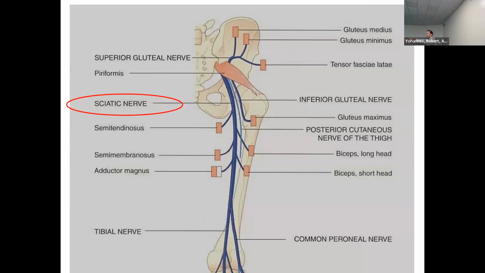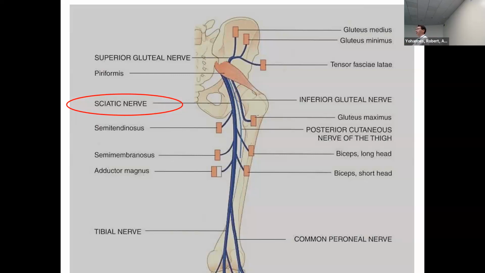The semimembranosus and semitendinosus are the major players, also the biceps femoris. These are the major players in the hamstring group of muscles that are knee flexors. Okay. And they come off directly from the sciatic nerve. So these are L4, L5 mainly, S1 roots contributing to that movement.